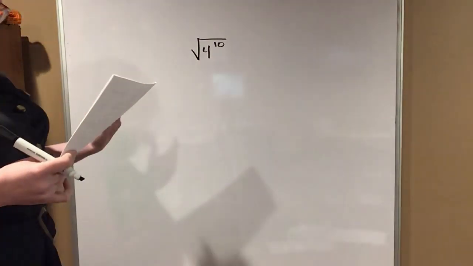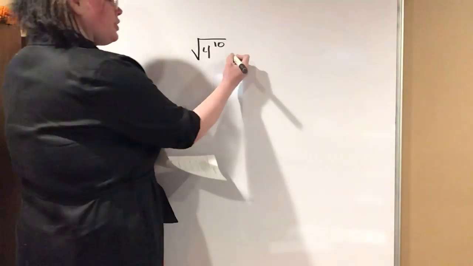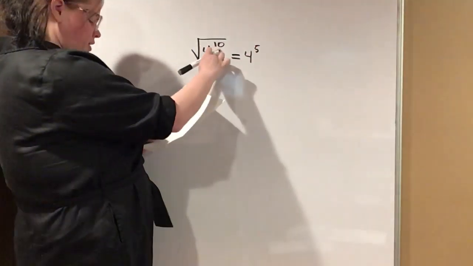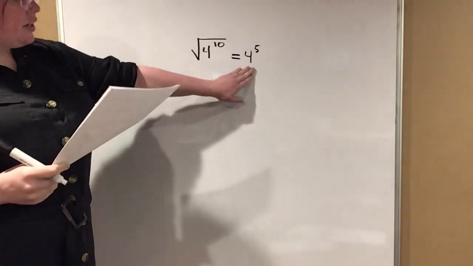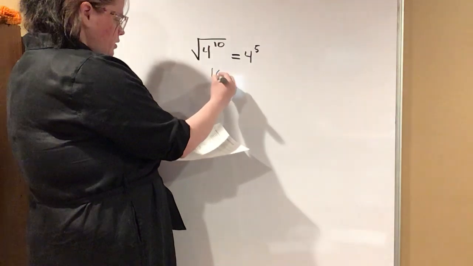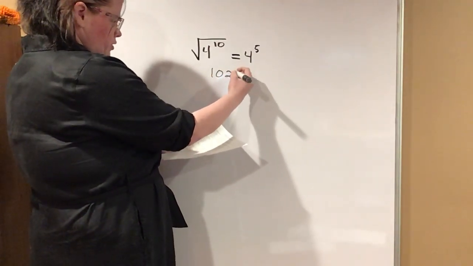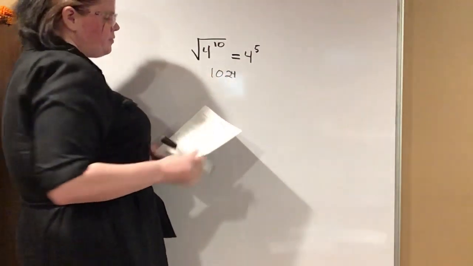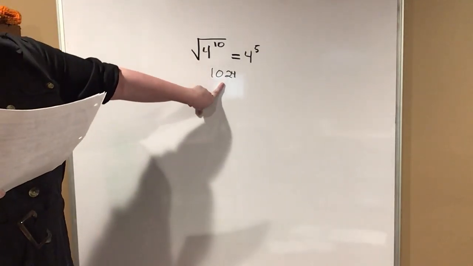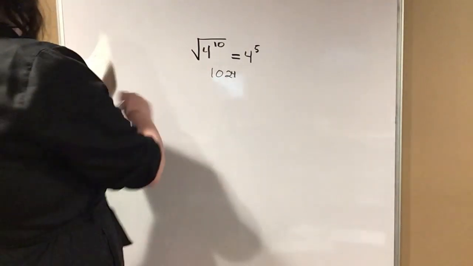So it's actually 4 to the 5th. You just cut this in half. So your answer is 4 to the 5th, then you take it and it's a big number. Usually they don't make you do anything over 5. So the answer to this is 1024.